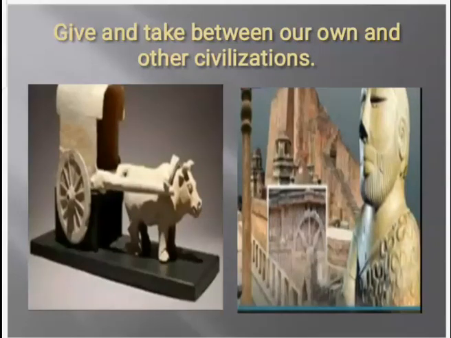By studying history, we get to know about the give and take that took place between our own and other civilizations. It means through history we came to know about the culture or the way of life of people who lived far away or in other countries during that period.